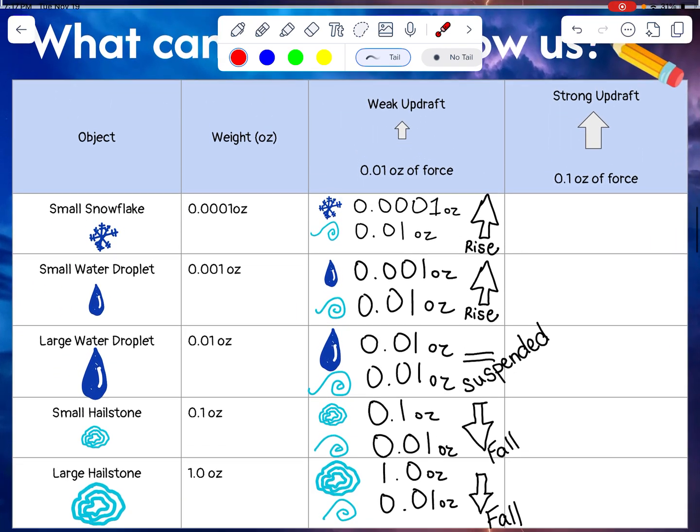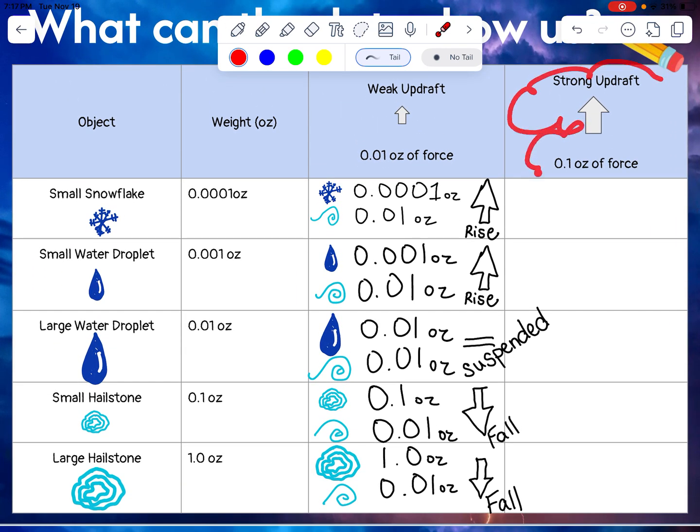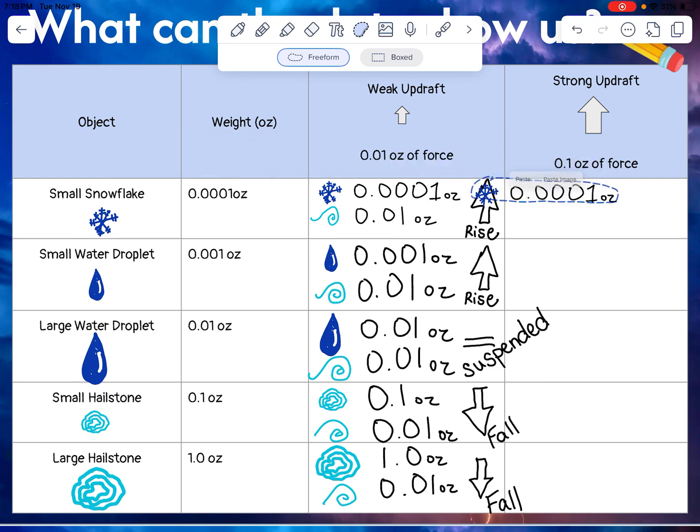What if we increase the updraft? This wind is quite a bit stronger than before. 0.1 ounce of force. So I think we can take some of this information from before. We've got the information on our small snowflake. Copy, paste. We know the weight of the small snowflake is 0.0001 ounce.